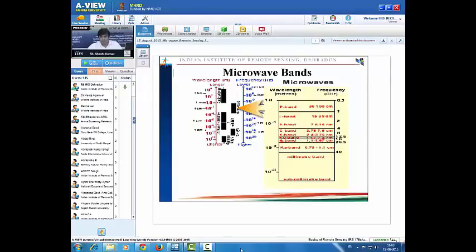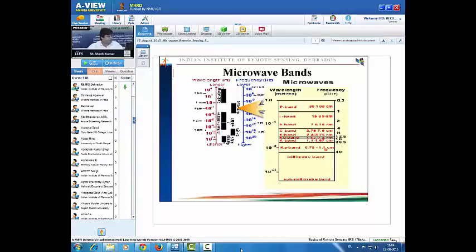So Ka band, K band, Ku, then X band, C band, then S band, L band, and P band. These are the main bands used for remote sensing. Each and every band, or sub-band, of the microwave band has its own wavelength range.